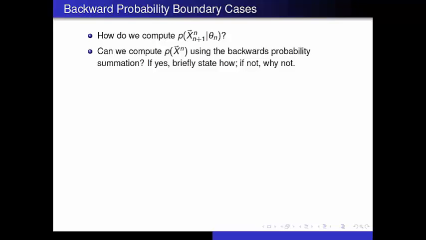At t equals n minus 1, you'd compute it from t equals n, and so on. So all you're being asked is, how do we start the backward probability calculation, which concretely is at time t equals n? If there are no questions, go ahead and think about that for a minute, and then enter whatever answer you come up with.